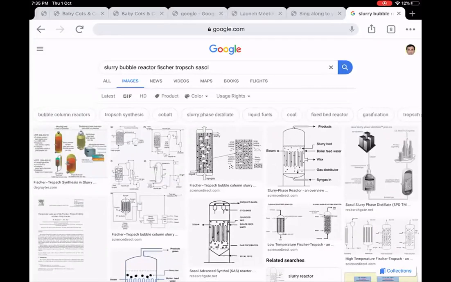I have shown you multiple types of reactors that you see industrially. I showed packed bed reactors, which are simple reactors. Then reformers, for steam methane reforming.